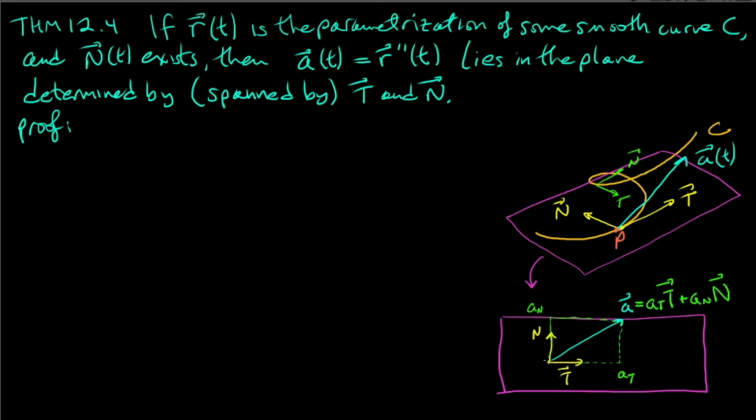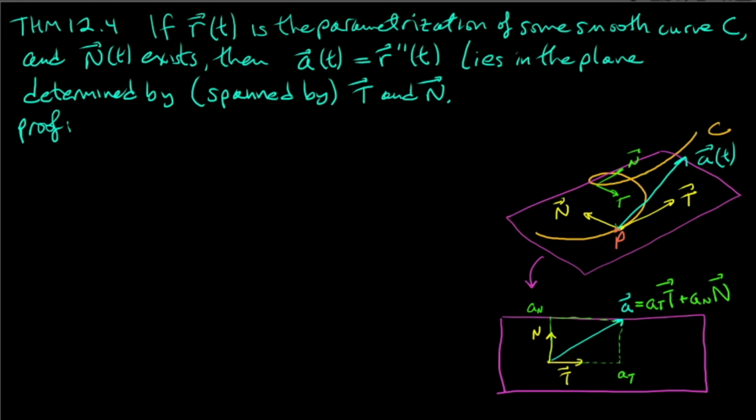So a will not come pointing directly out of the screen or directly into the screen, or even partially out of the screen. It doesn't have any z component, it doesn't have any component normal to the plane. So that's what we want to show.